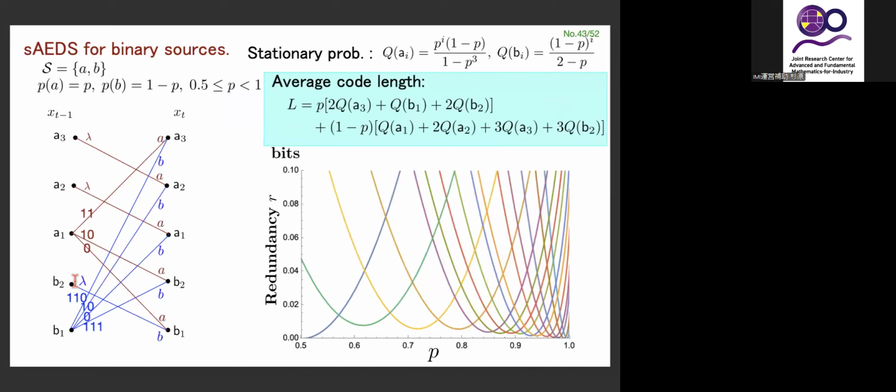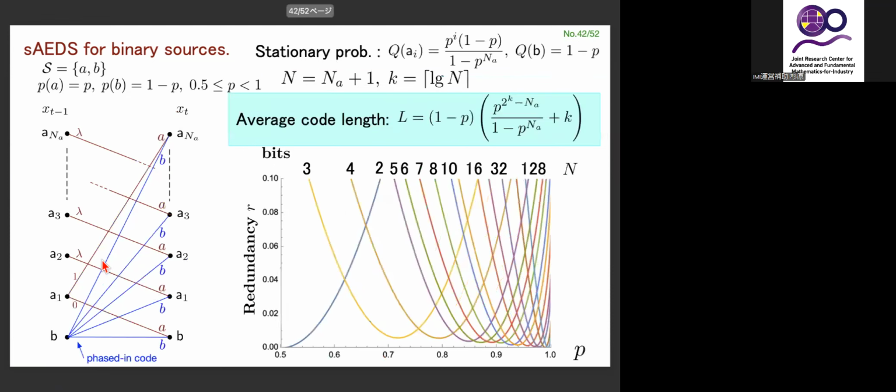In this SAEDS, 2 nodes are used for B and 3 nodes are used for A. And this SAEDS attains the redundancy given by the green curve. From this graph, we can easily attain a redundancy less than 0.015 for any P by using this construction or this construction.